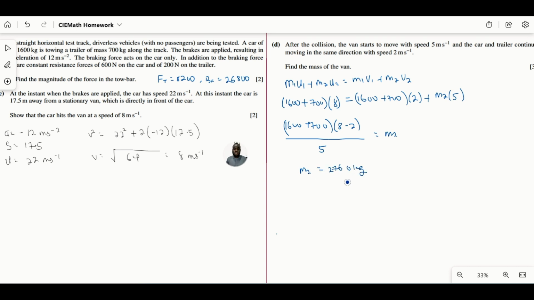So the mass of the van is 2760 kilograms. And that brings us to the end of question 6.